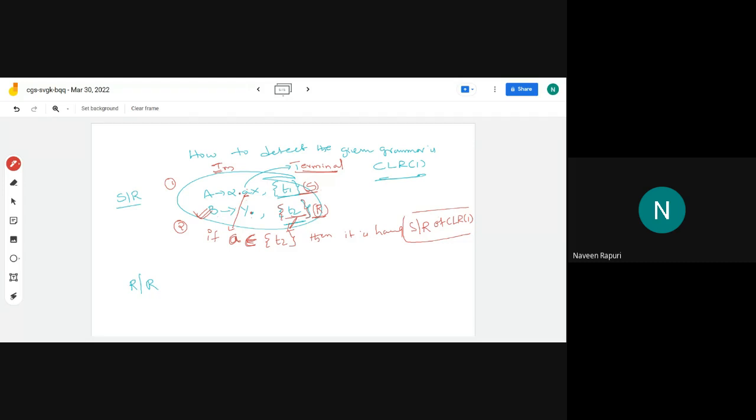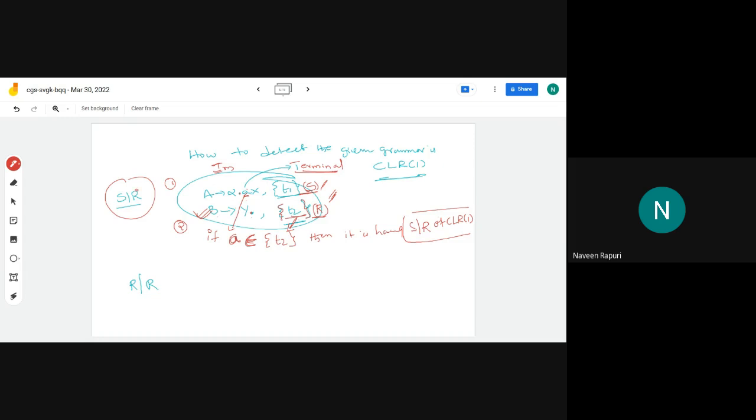Otherwise, that is a CLR1 grammar, even though shift and reduce exist in this case.